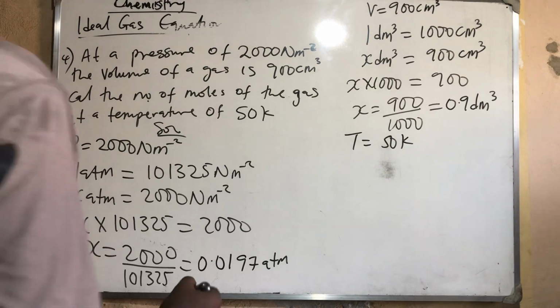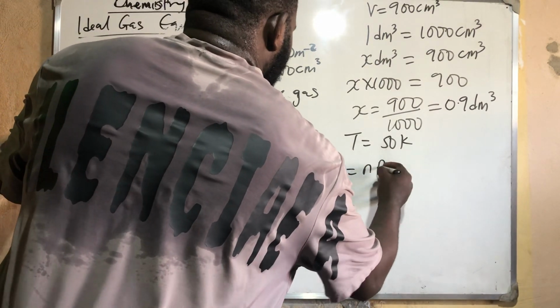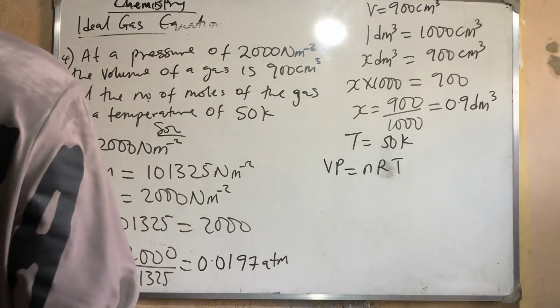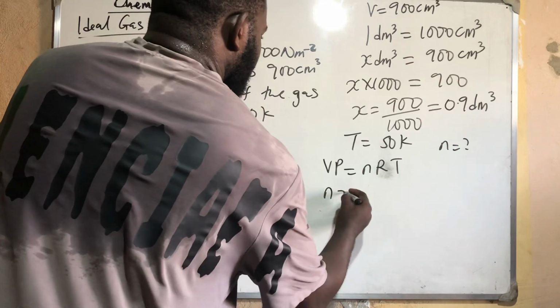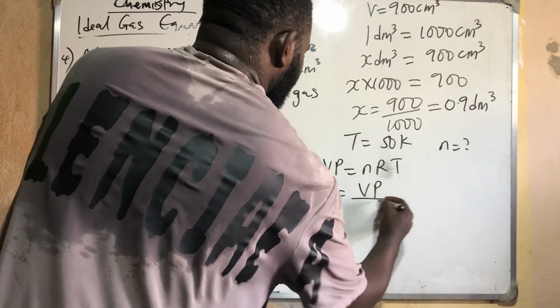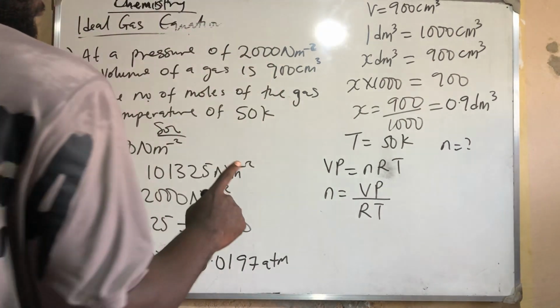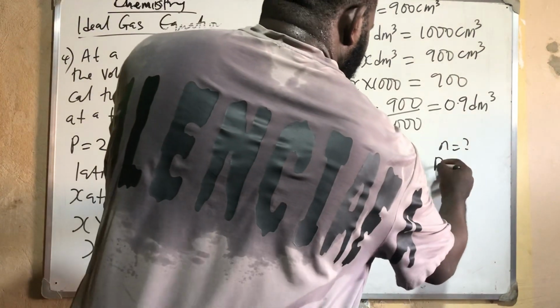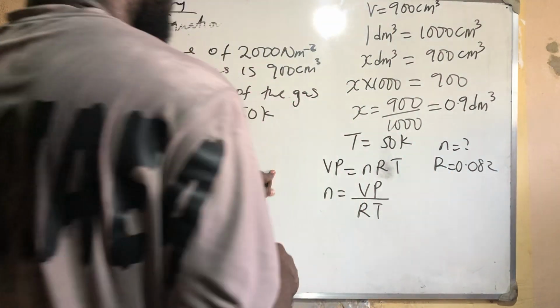So what do we do now? We know that PV is equal to nRT. They're asking us the number of mole, n. So my n will be PV over RT. Don't forget that your R is always the same thing, it doesn't change. My R is 0.082.